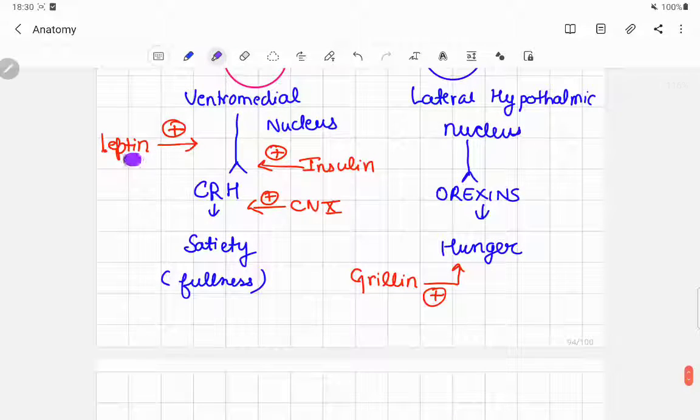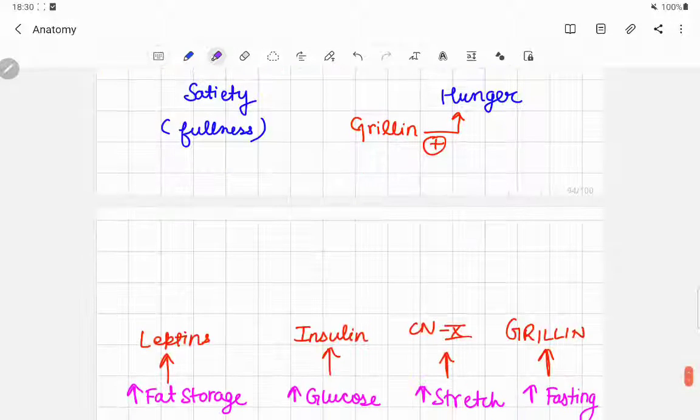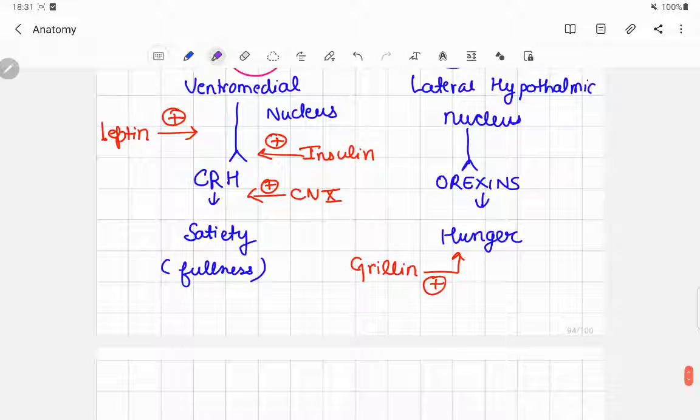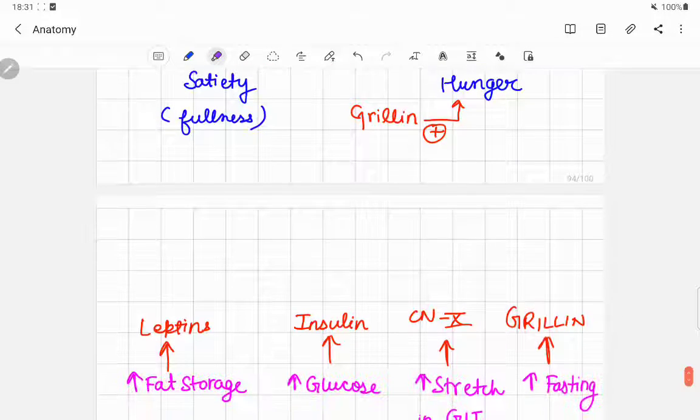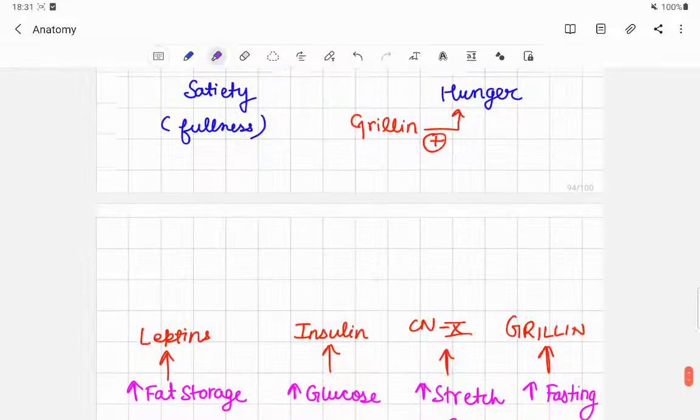So the hormone leptin acts positively on this system, which is helpful in maintaining satiety. For example, if you have a lot of fat storage, the body starts releasing leptin. Leptin acts positively on this system so that you will have a more intense feeling of satiety and will not eat any further, because there is already a lot of fat present inside your body which is not digested.